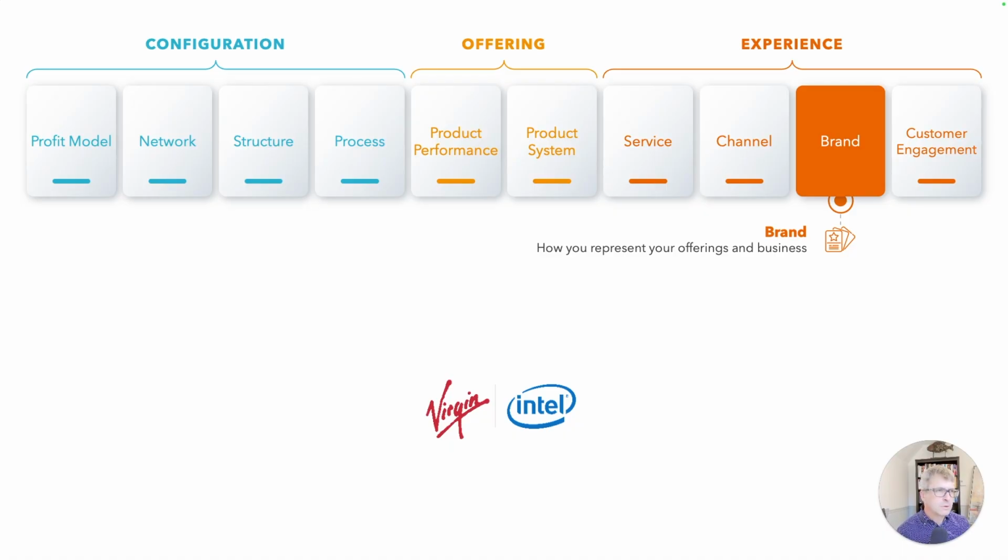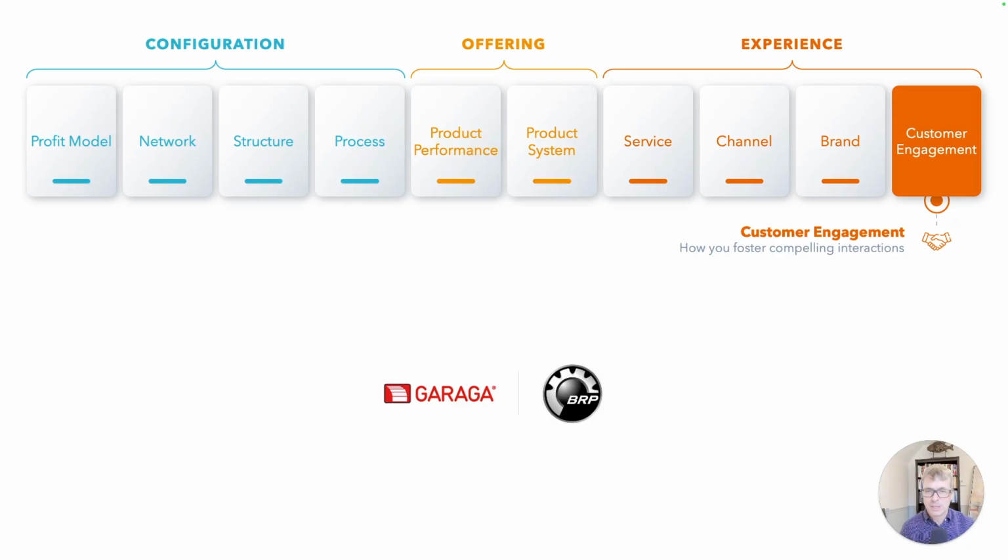Same thing 3M did with Thinsulate inside, or let's say Gore-Tex. You will pay a very expensive price for rain gear with Gore-Tex, and you will never see the Gore-Tex, but because there's that tag, you will be willing to pay more. And last but not least is customer engagement. There's Garaga, which is a garage door manufacturer. What is really interesting about Garaga, which is a club member by the way, is that they are promoting the installation.